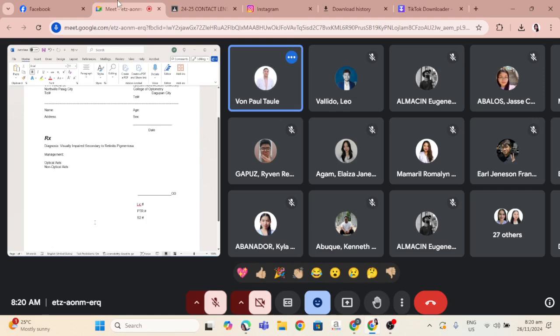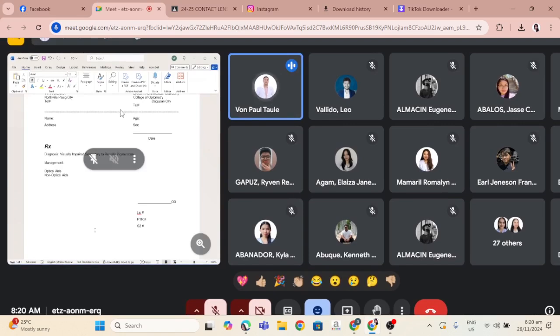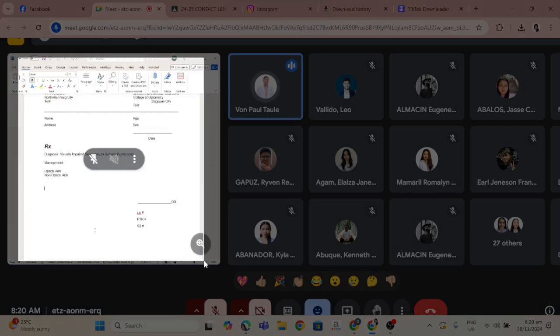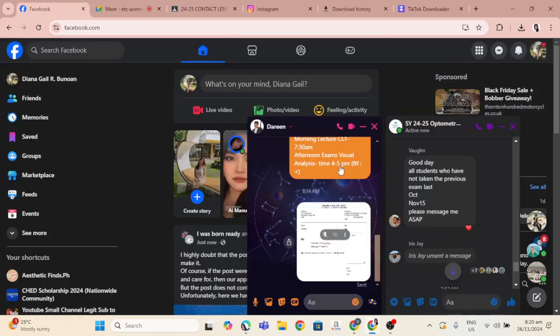Kasi madami tayong types of licenses. LTO, license to operate, numbers: almost all of our laboratories, be it ophthalmic lens, contact lens, or lens solutions, each have their own LTO numbers that need to be included in the prescription order for the contact lens.